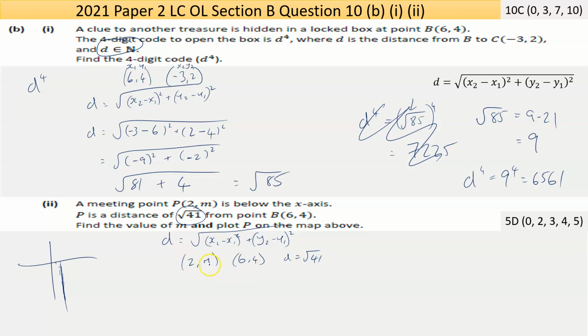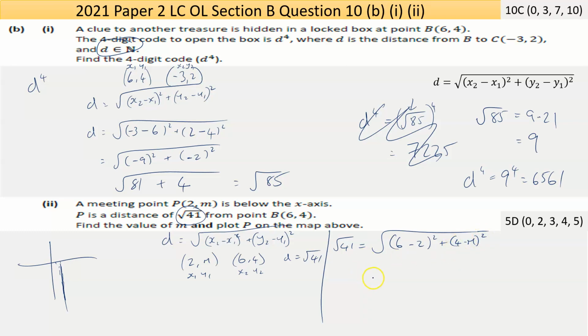So my unknown is m, which is one of the coordinates. If I label these x1, y1, x2, y2, I'm going to sub it in. The square root of 41 is equal to this, and x2 minus x1 is 6 take away 2. On the far side, it's y2 take away y1, so it's 4 take away m, all squared.